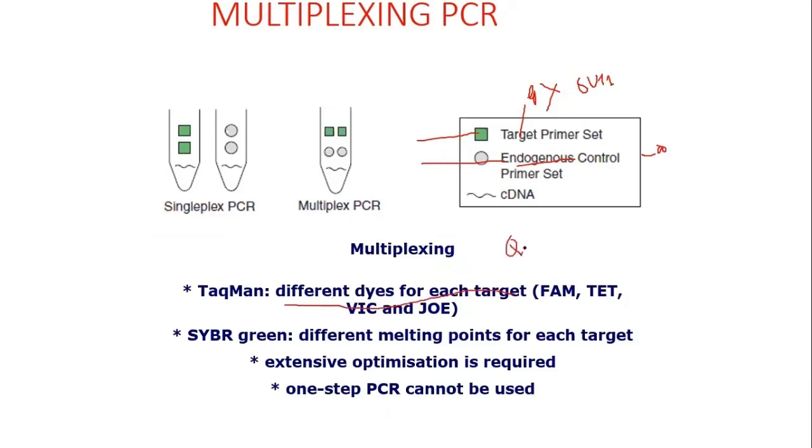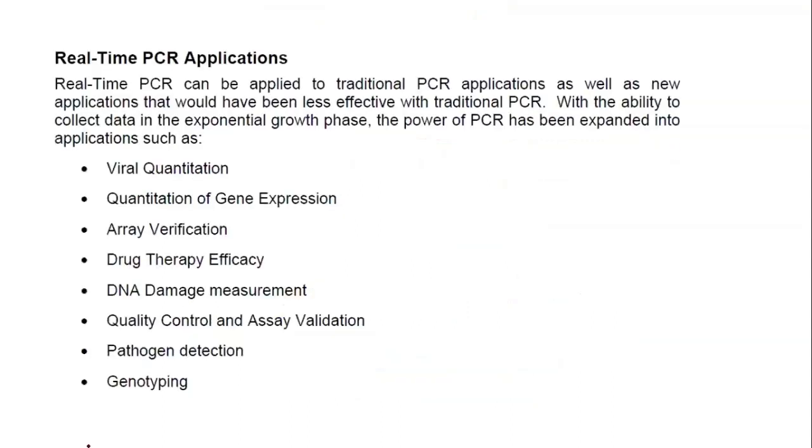So quencher 1, reporter 1 for gene X, quencher 2, reporter 2 for the endogenous gene actin. In this way, you can design your probes, put them in the same tube, and do a PCR reaction.